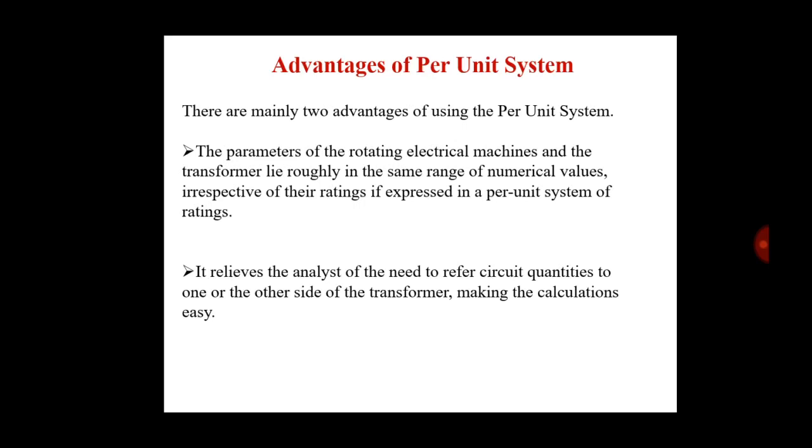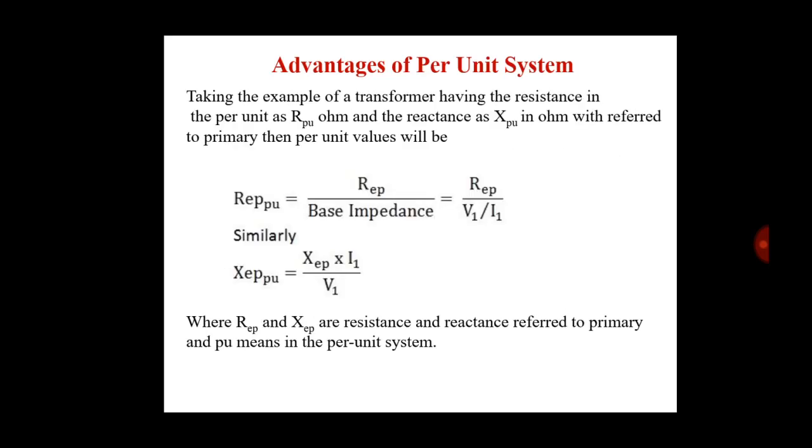Second, it relieves the analyst of the need to refer circuit quantities to one or the other side of the transformer, making the calculation easy. These advantages are easy to understand with one example. We learn about how these advantages of per unit work.